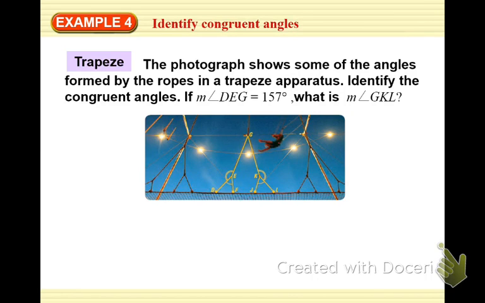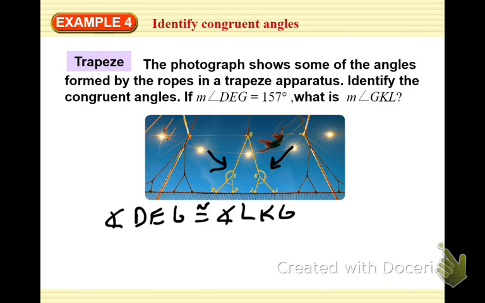Again, the arcs in pictures are what tell us which angles are congruent. If we look close, we see that those two angles have the same set of arcs. And so we know that angle DEG is congruent to angle LKG.